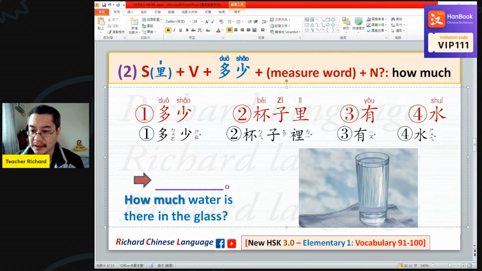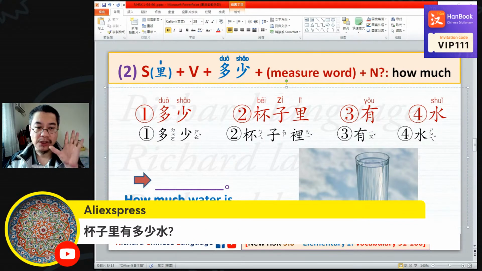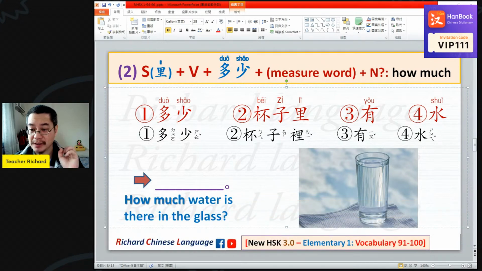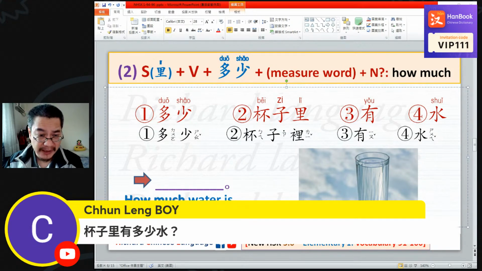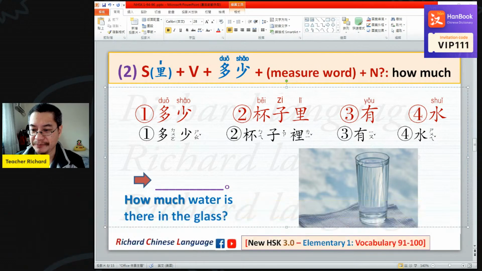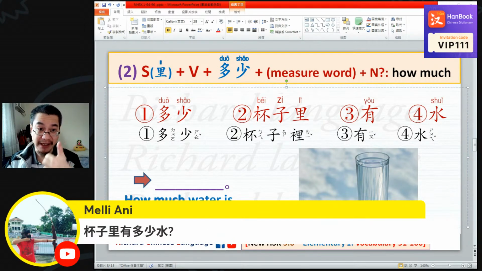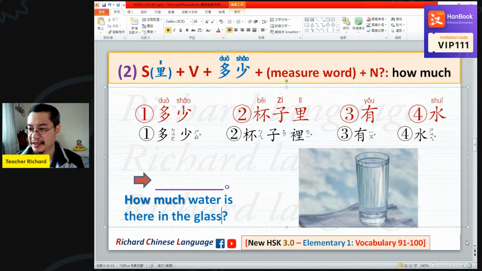So once again, in English, how many, how much? In Chinese, they're both 多少 杯子里有多少水 Very good.